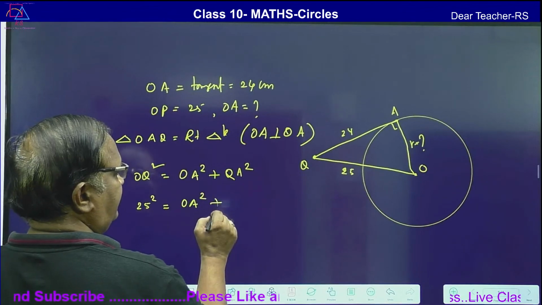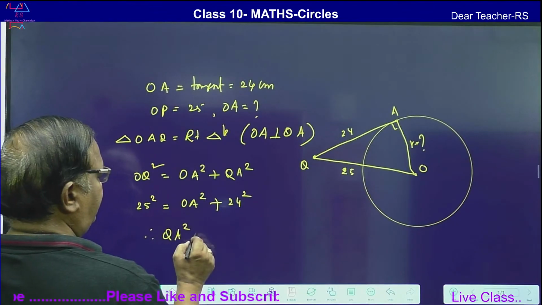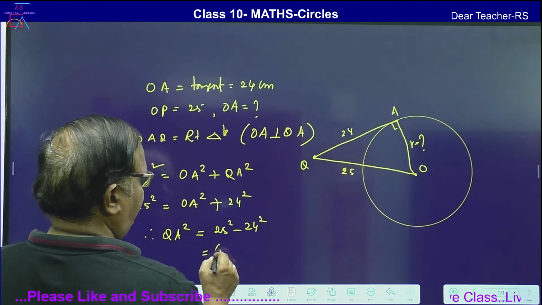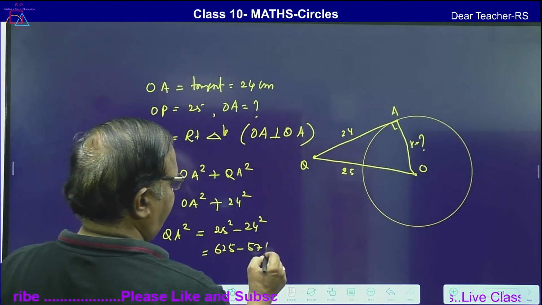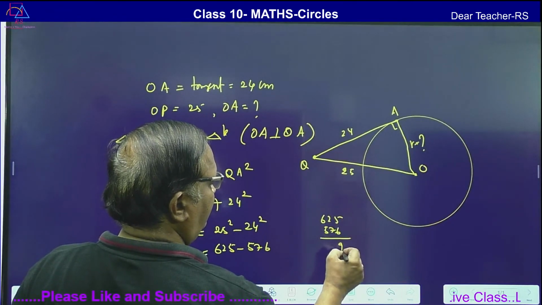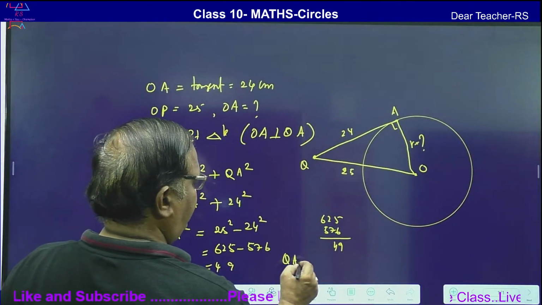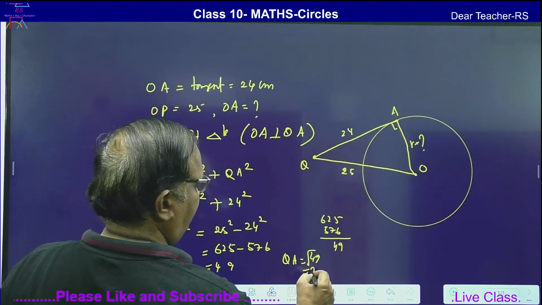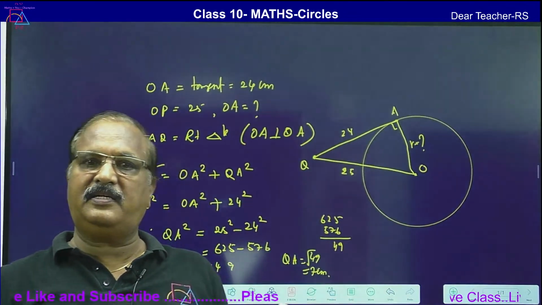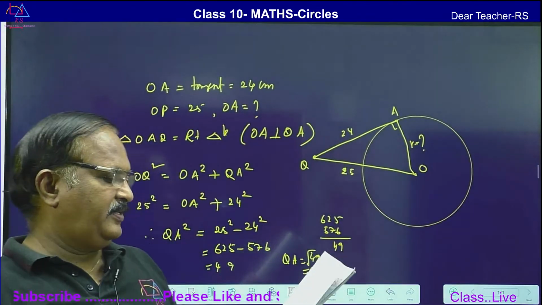We have to find out this. QA is 24 square. Therefore, OA square is equal to 25 square minus 24 square. So 625 minus 576 is 49. So OA is equal to square root of 49, 7 centimeters. So the radius of the circle is 7 centimeters. A is the correct answer.